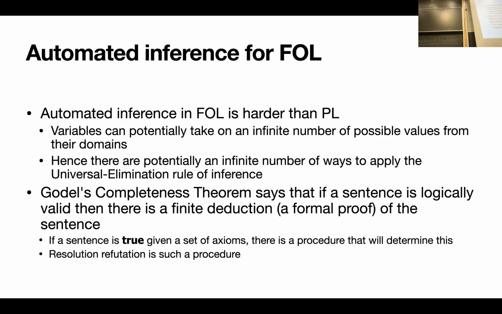So the question is, how do we automate this process? How do we do automatic inference in first order logic, programmatically, the way we've seen it being done before? In particular, now we have much more complexity in this new setting. The variables can potentially take an infinite number of possibilities from the domains, like the natural numbers. Z can be any natural number, for example.